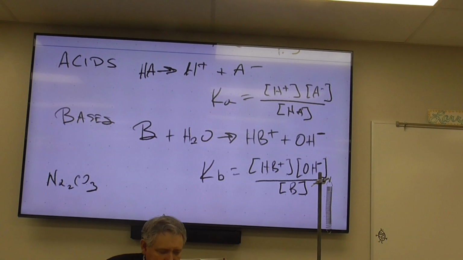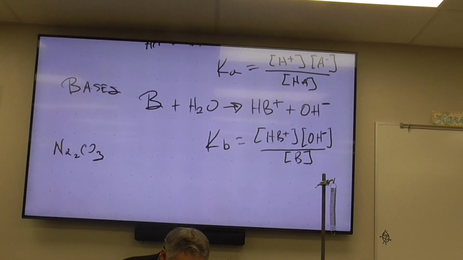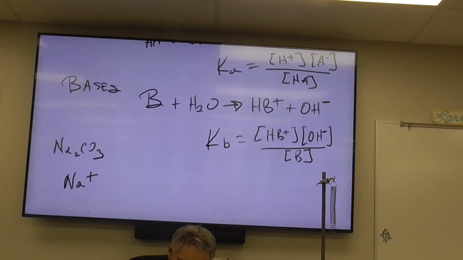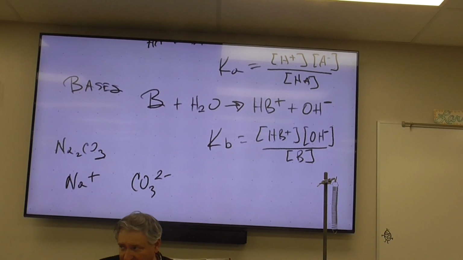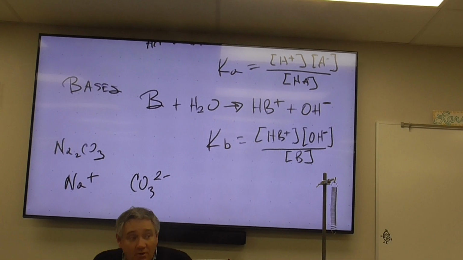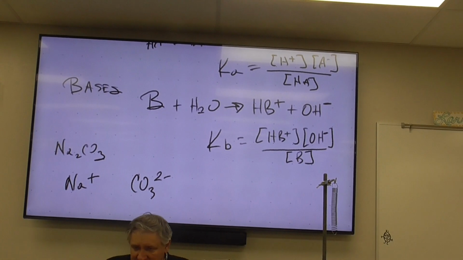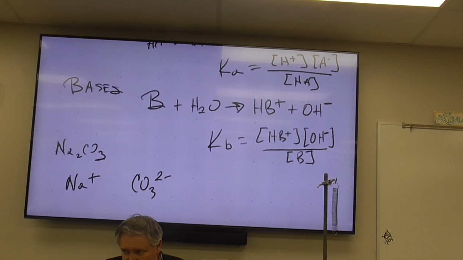So here's what's going to be important: when I dissolve that in water, I'm going to have some sodium ions floating around, and I'm going to have some carbonate ions floating around. More and more, you have to understand what the species are and what form they are in a reaction.